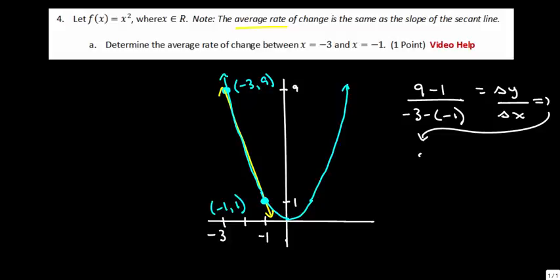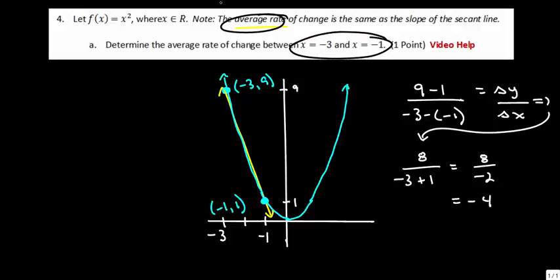So 9 minus 1 is 8. And it's going to be -3 minus a -1, or +1. So that'll give me 8 over -2, which is going to give me a value of -4. So the average rate of change between these 2 points is equal to -4.